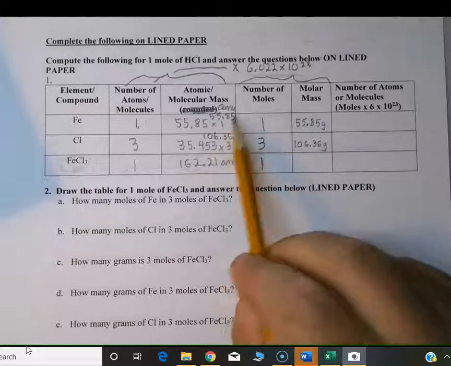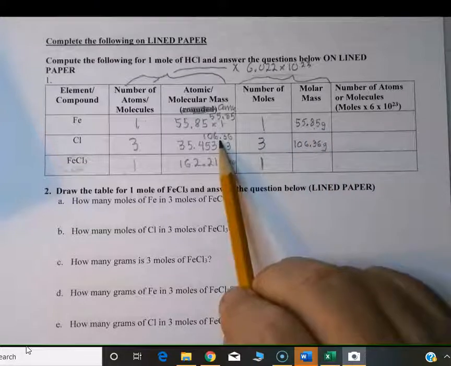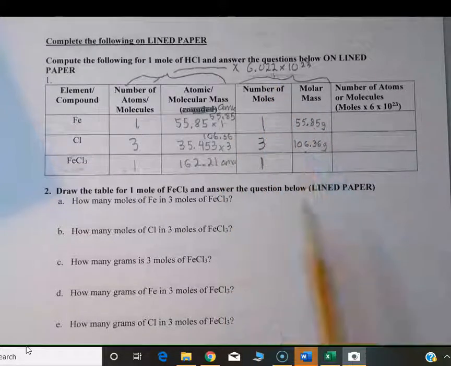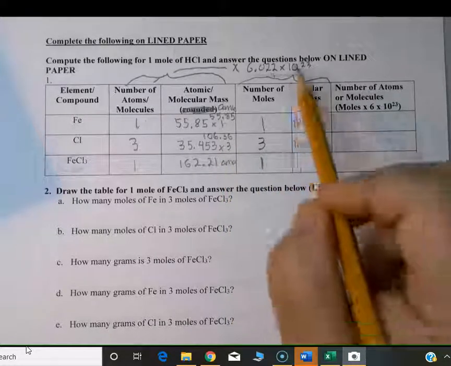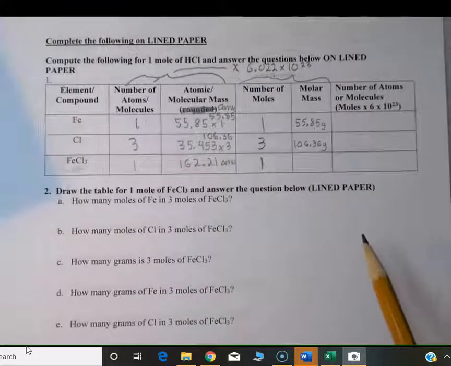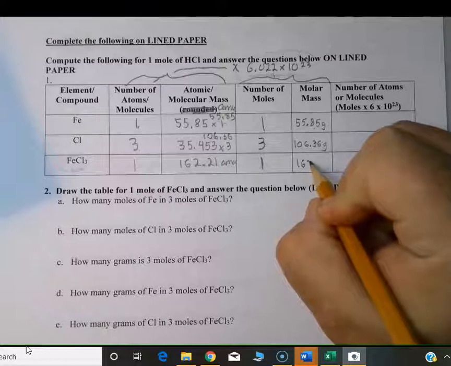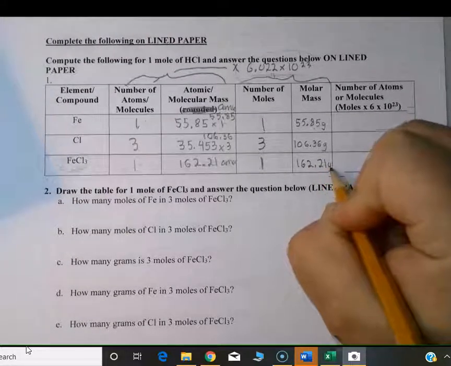You'd be multiplying this by something else, so you'd end up with something else here. So to make these numbers match up so they're really easy to work with, that's why they chose this quirky looking number up here. So same thing down here is 162.21, and that's in grams.